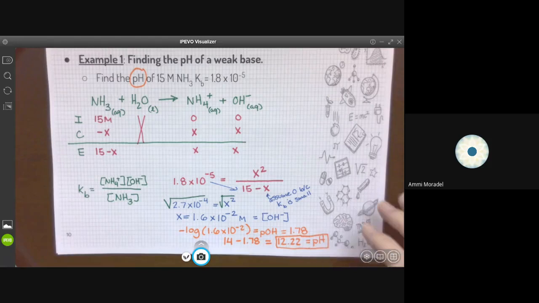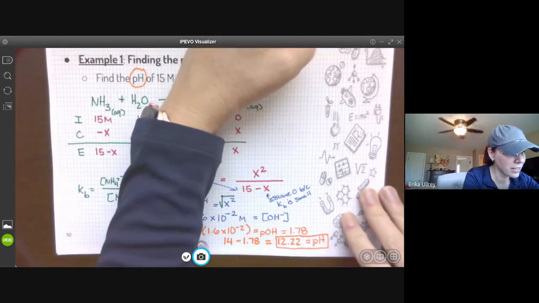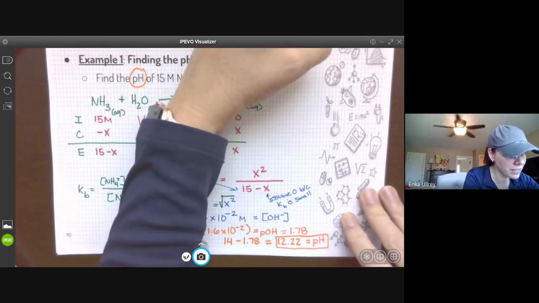Miss, I wondered why is it 14? Like, why 14? Okay, so here's the other thing. It's only 14 if this is at standard conditions, so at 25 degrees Celsius.